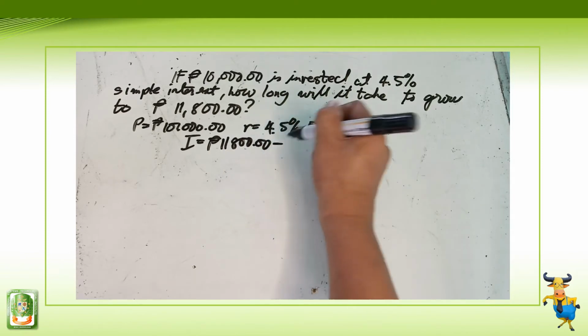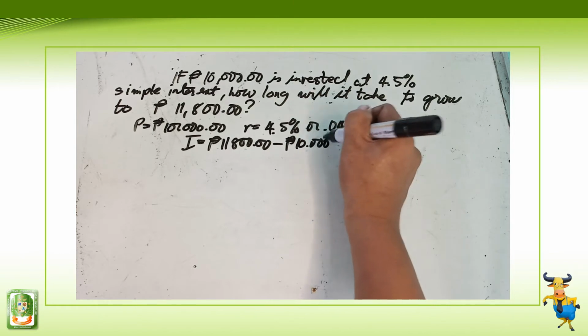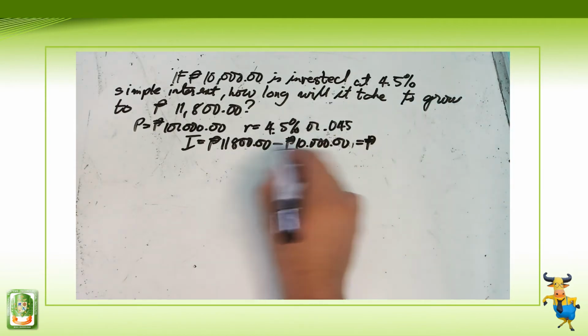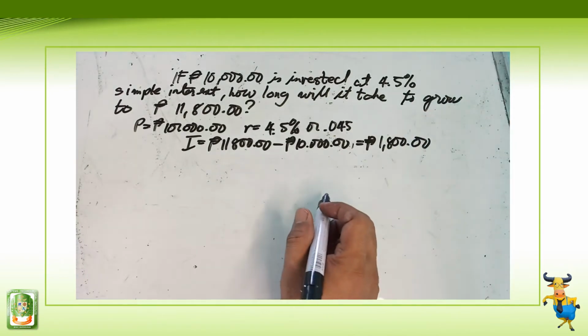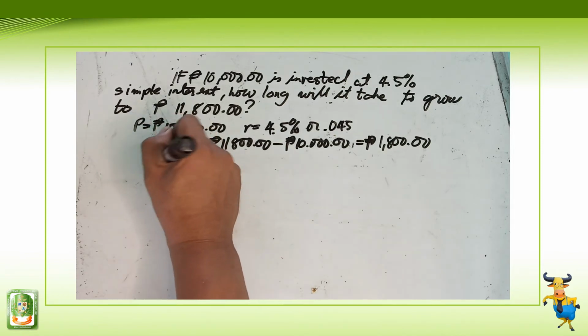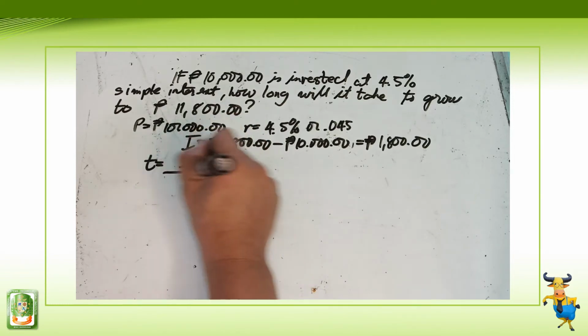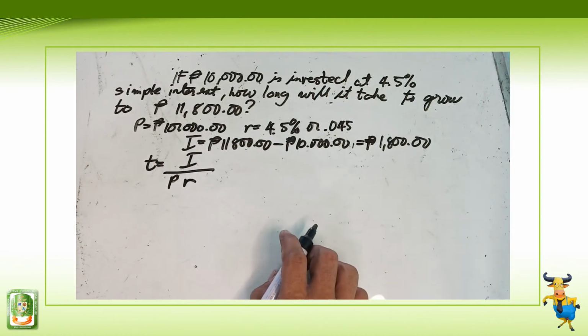11,800 pesos minus the original. Ilan yung original? 10,000 pesos. Minus, equal to 1,800 pesos. So we are going to find now what is the time or the term of your interest. So time is equal to interest over the principal times the rate.